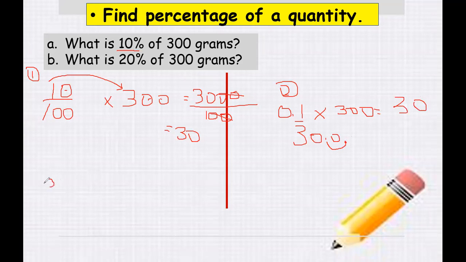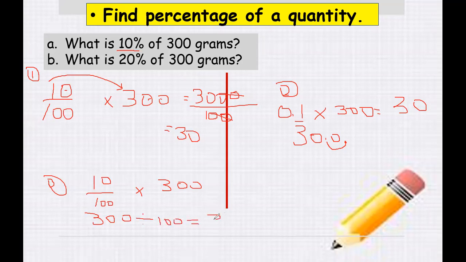The third method is you can write it also as a fraction, 10 over 100 times 300. You can divide 300 by 100.